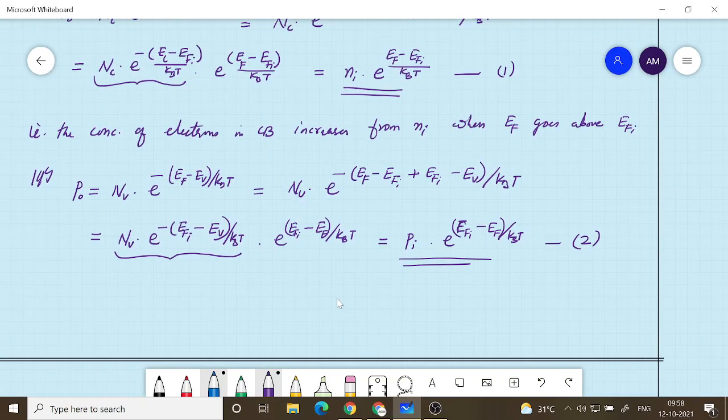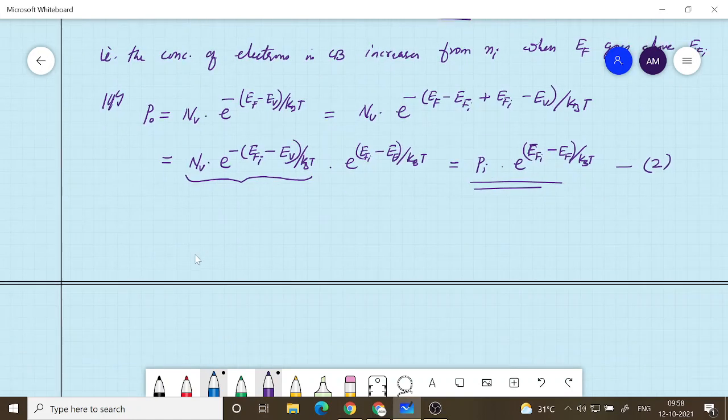This equation says that the number of holes in the valence band is going to increase above Pi if this quantity is larger than 1. That is when EFI is above EF, or in other words, when EF, the Fermi level, goes down, then exponentially the concentration of holes increases.